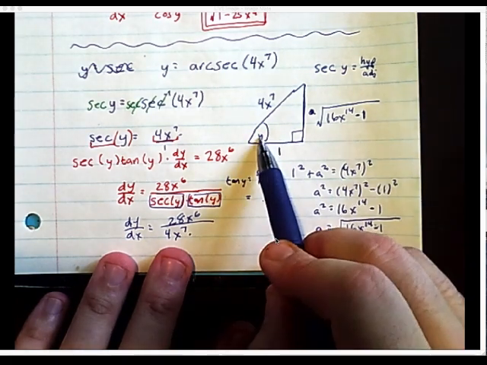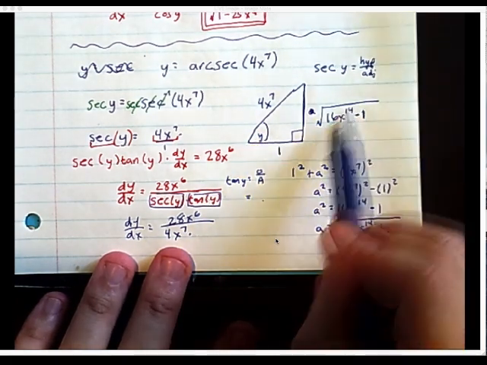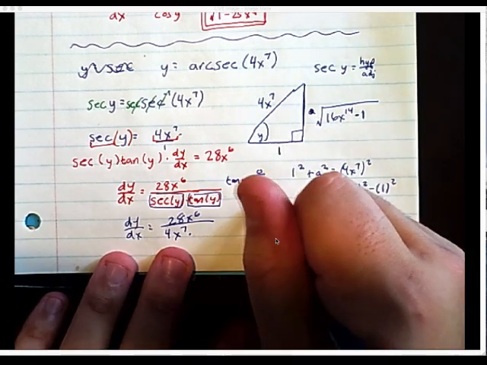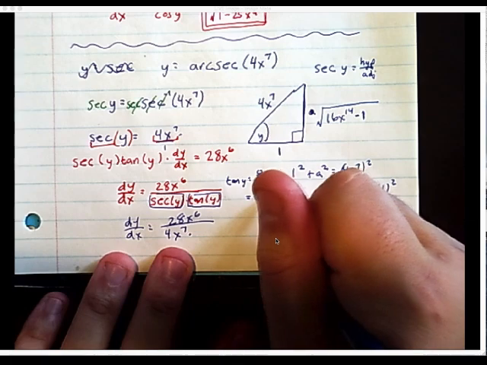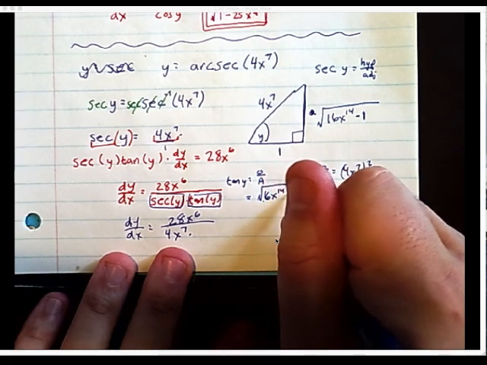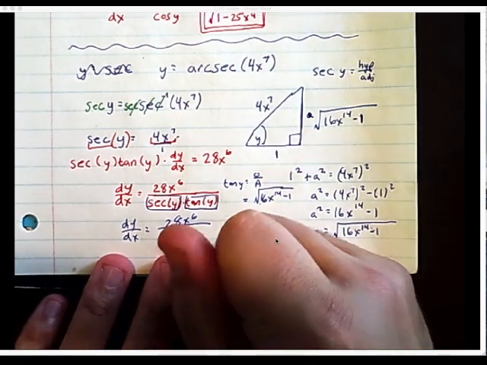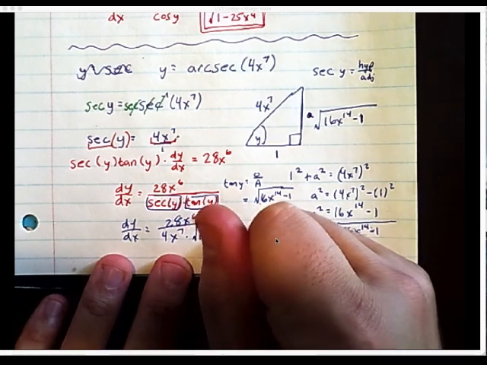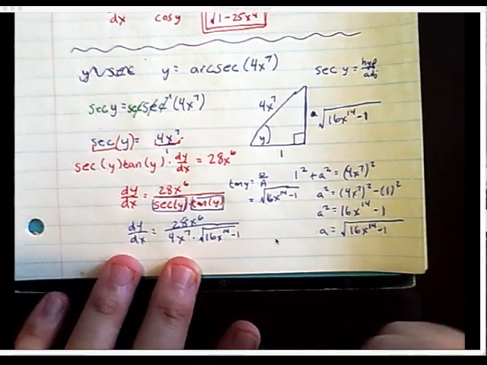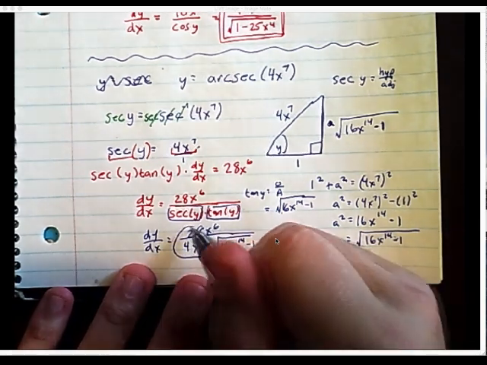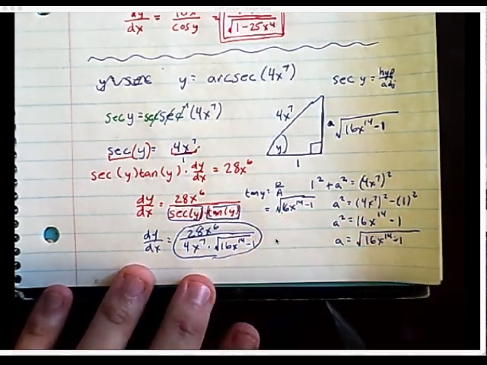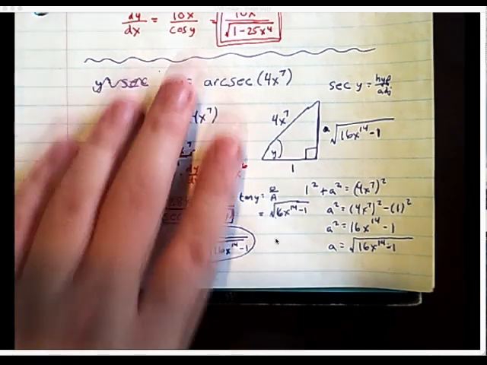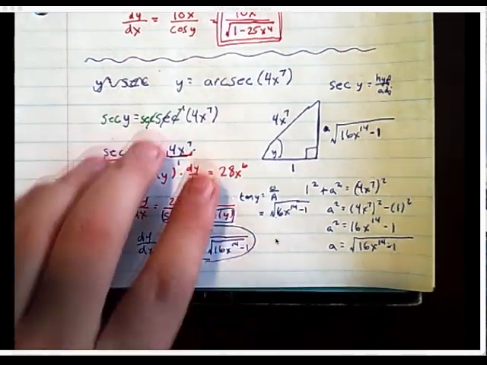So here, if this is my angle y, this side is opposite, this side is adjacent. So I would take this divided by 1, which would still be itself: the square root of 16x to the 14th minus 1. So this would be the derivative. So I develop it. I don't memorize things, I just develop it.